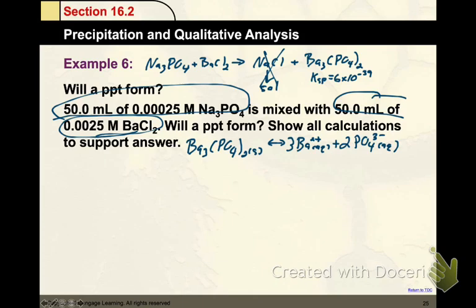So I'm going to start by saying for the phosphate, we had 50 milliliters of 0.00025 molar phosphate equals, well, the new combined volume is 100 milliliters times M2.